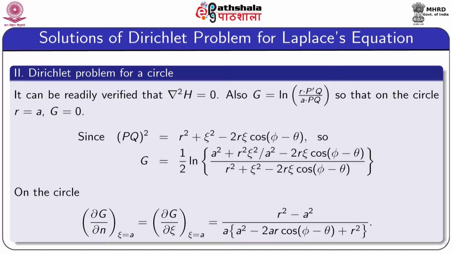So, del G del n at xi equals a is equal to del del xi of G at xi equals a, and it can be computed from the derived expression of G, and its value becomes r square minus a square divided by a into a square minus 2 a r cos phi minus theta plus r square.